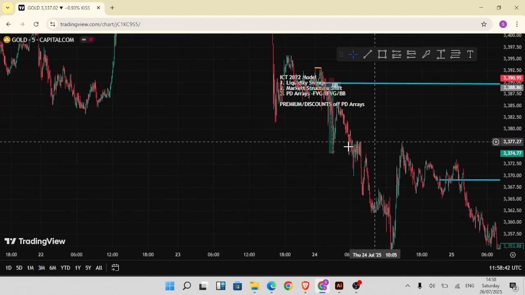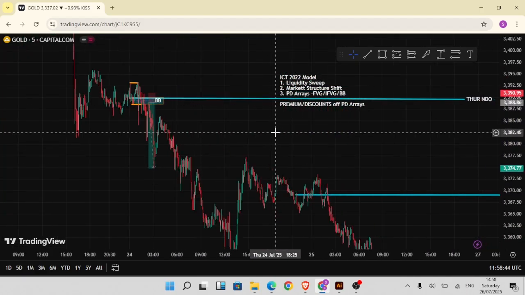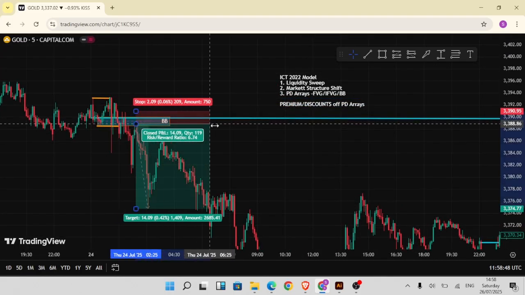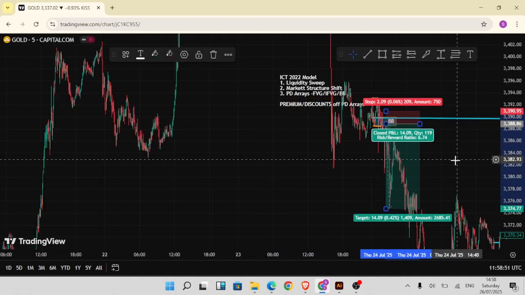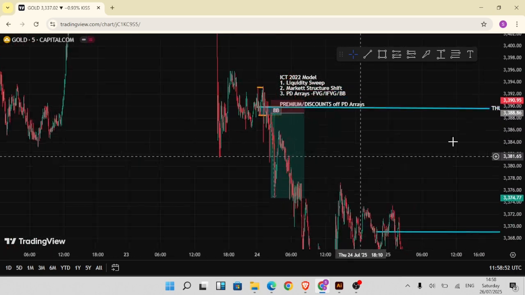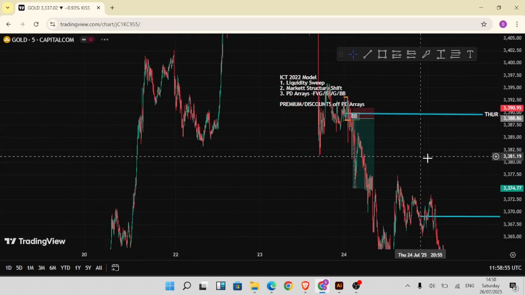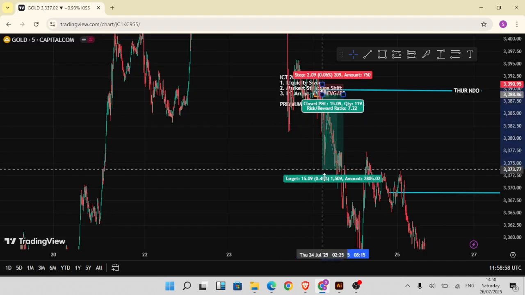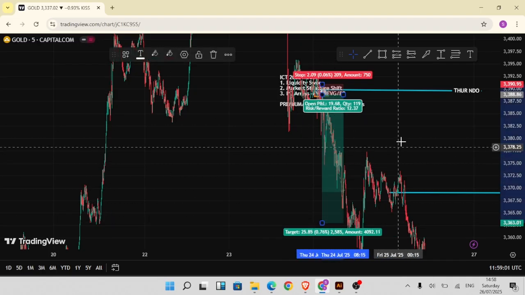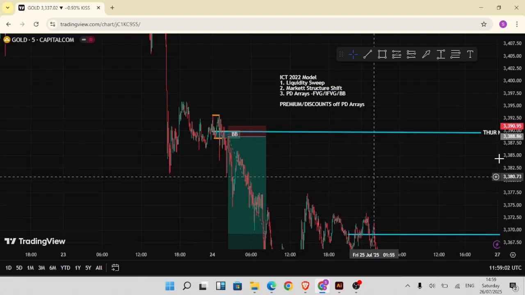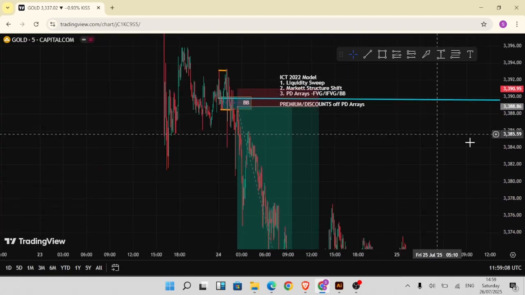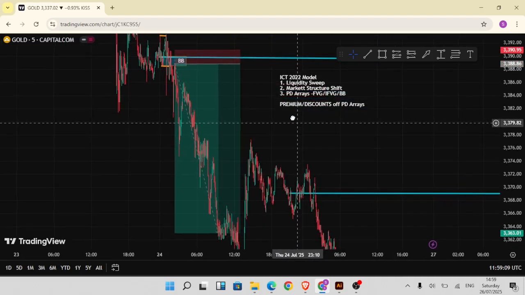Let us see where this got us. So targeting these equal lows, you have your 1 to 12 risk to reward ratio. Not bad. Very impressive results.